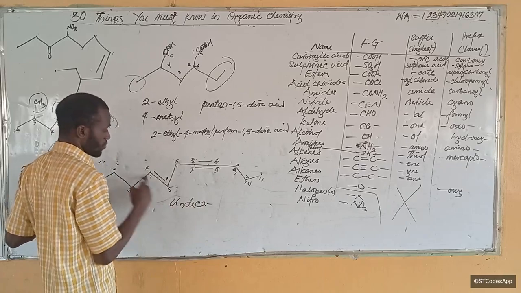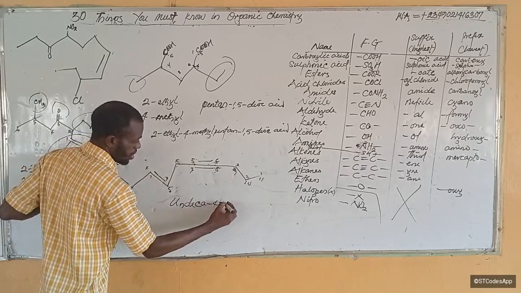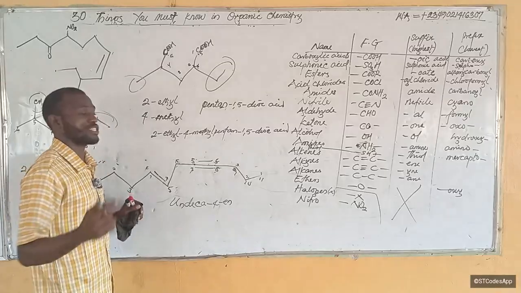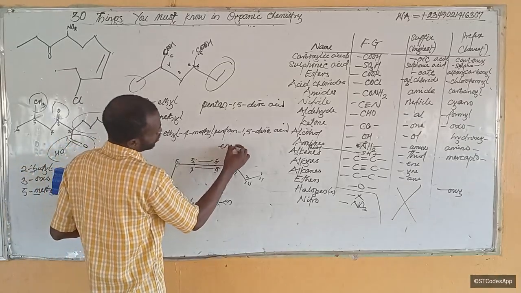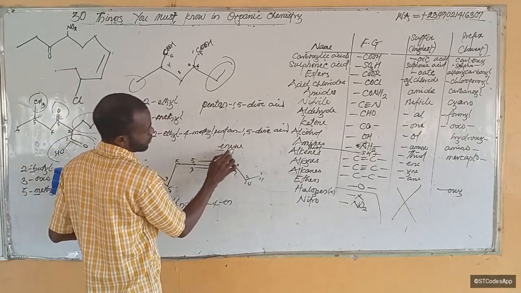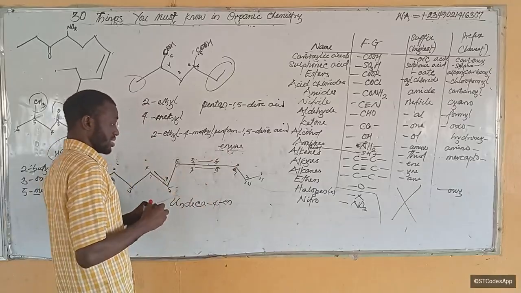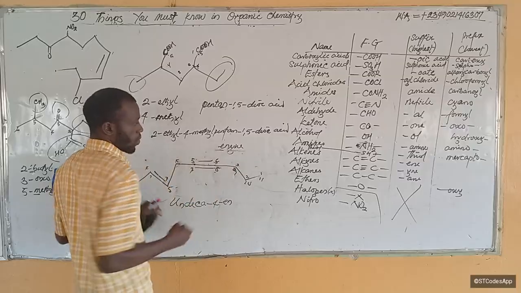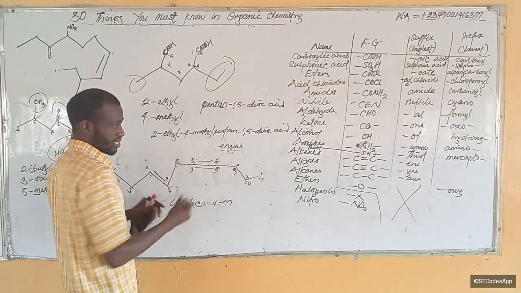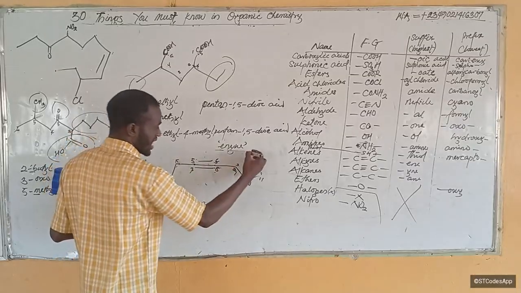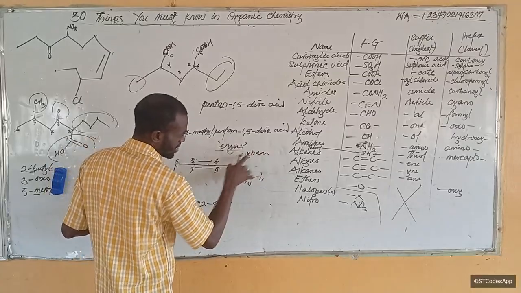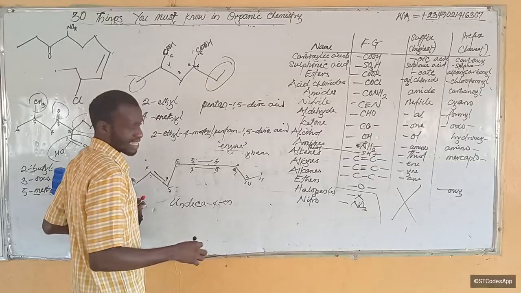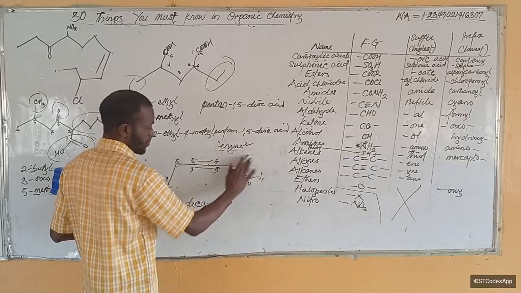Now we are going in this direction. That will be 4. But keep in mind that it will be an en-yne group, okay? It's always en before yne. That is, the en will come before yne. So it is an enyne group, not an yne-ene or whatever group. Is that okay? So this is the correct form of naming.